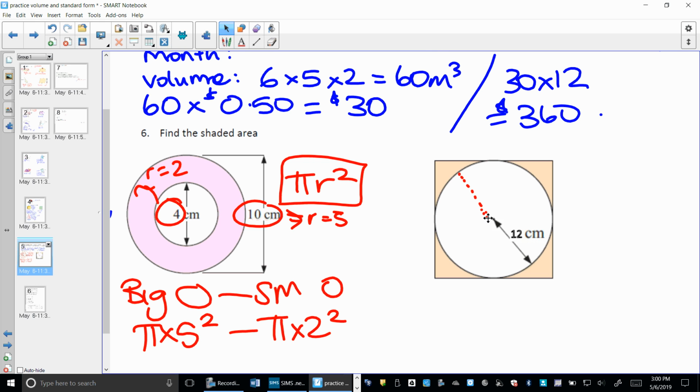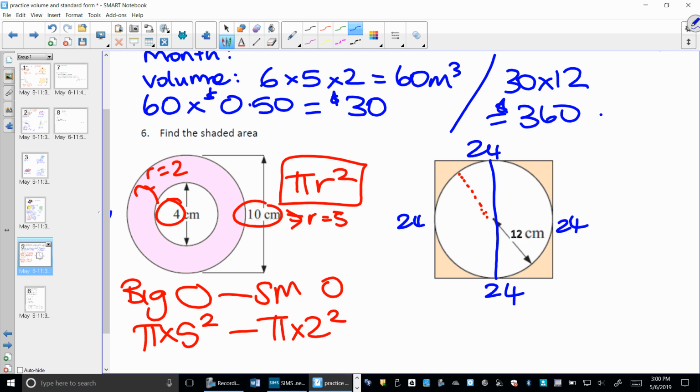And I know that my diameter is the same as the length of each side of the square. So that means that each side of my square is 24, yes? If my radius is 12, and the circle goes from one side of the square to the other, the length must be 24.